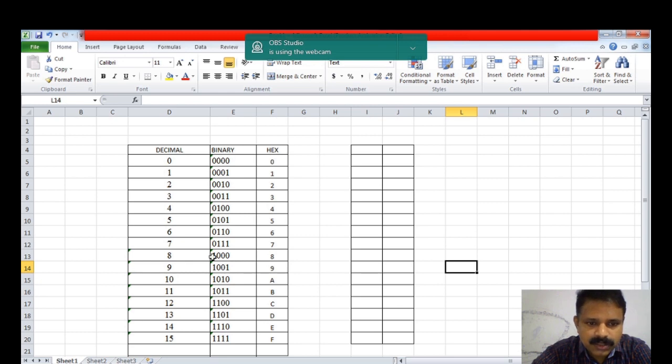From 0000 to F, that is 1111. This is hexadecimal and this is decimal. We are discussing two's complement number representation.